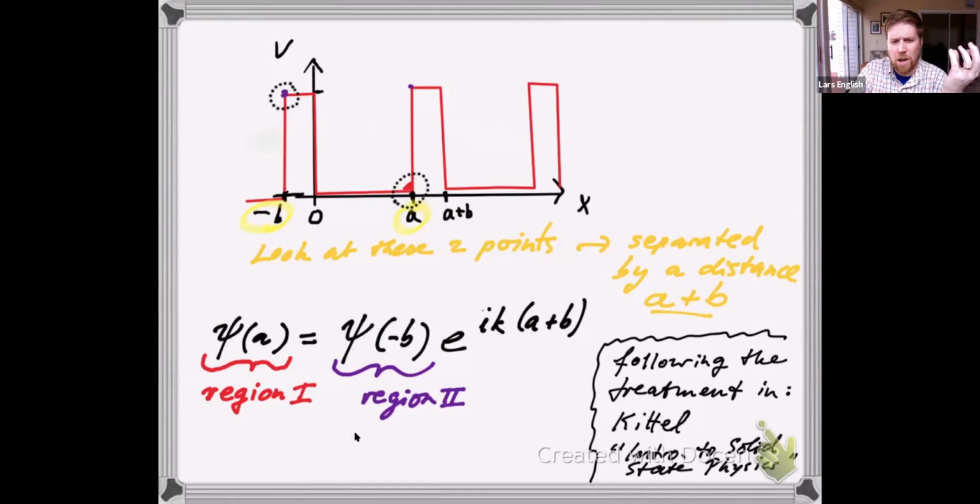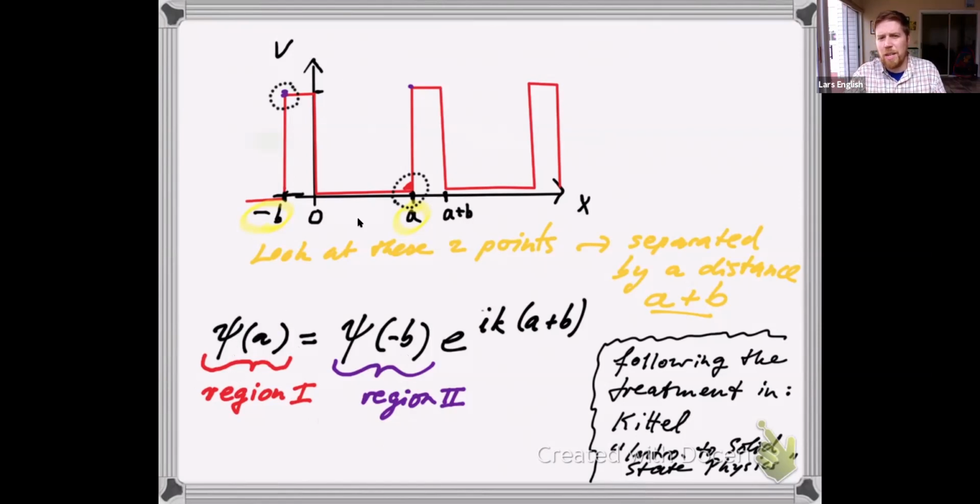What we said here is we're going to splice 2 different locations together, namely minus b and a. At minus b we pick region 2, the exponential regime, and at x equals a we pick region 1, the sinusoidal regime, and we splice those 2 solutions together.